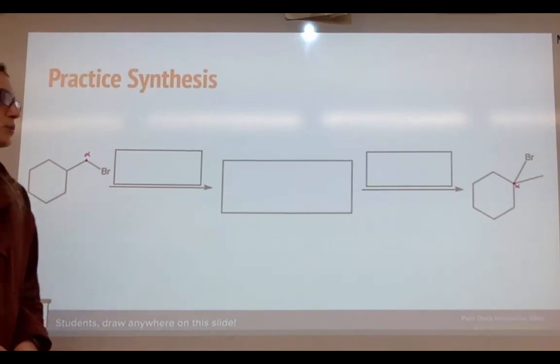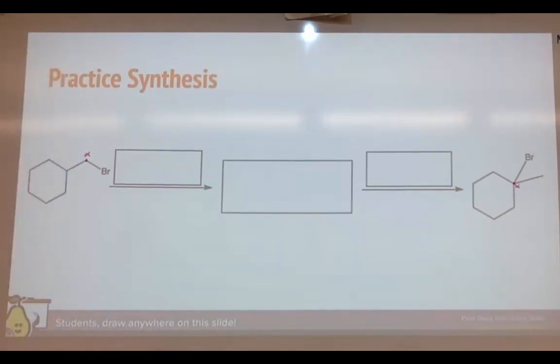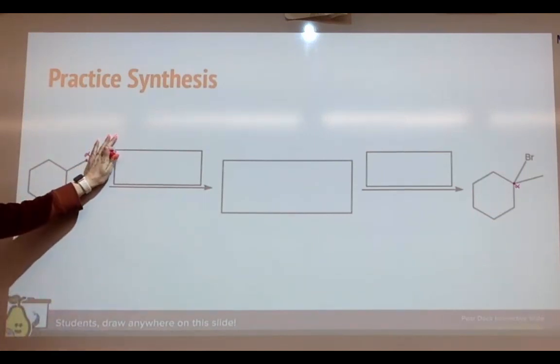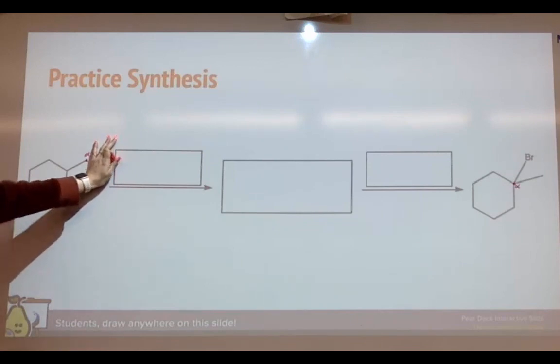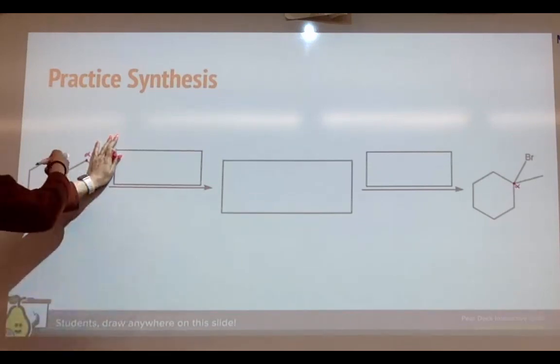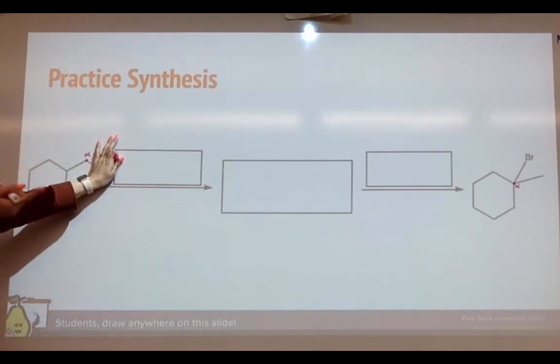And so what we have to do is see where we can go in the middle. We just have one intermediate here. So let's say, what if I want the Br to leave? Halogens are good leaving groups. So let's say this Br left. What could we potentially put here that would allow us to put bromine somewhere else?